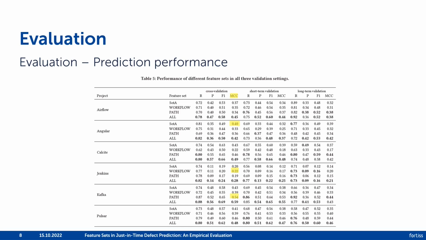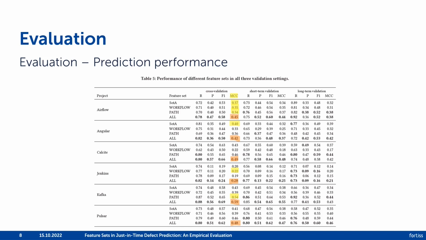And in the Airflow project, no single feature set can clearly outperform any of the others. However, the combination of all the feature sets does increase the MCC by 8 percentage points in this project and provides the highest score for every other project as well. And also, this is true for the other two evaluation settings.